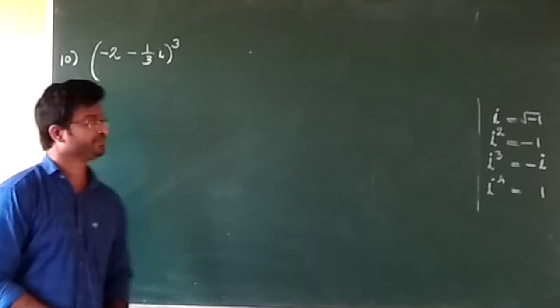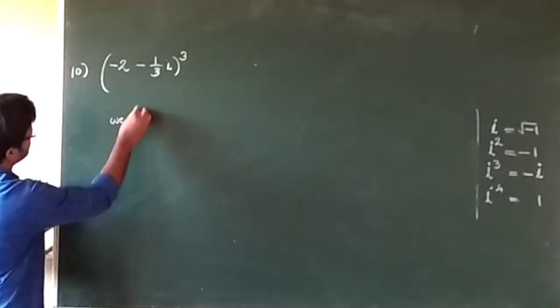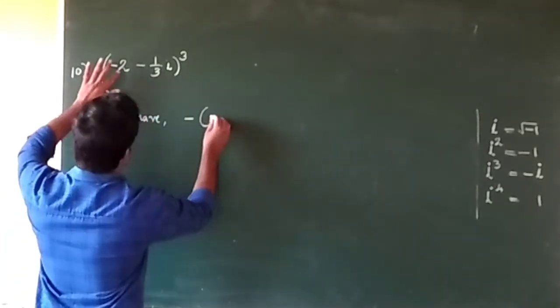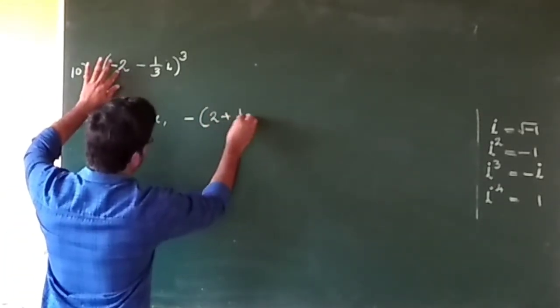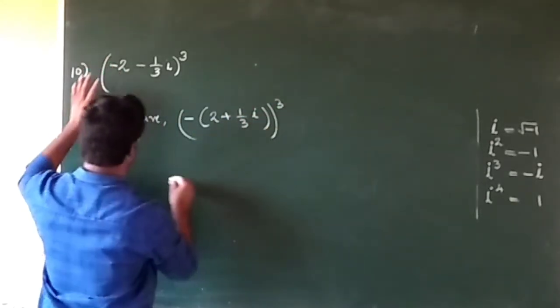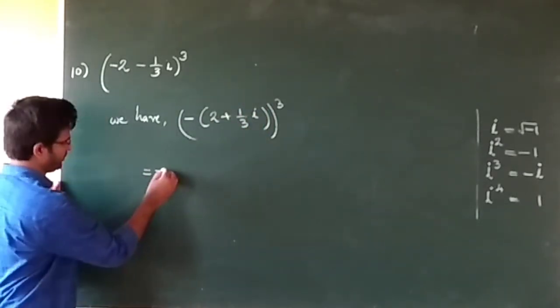Then question number 10: minus 2 minus 1 by 3i, whole cube. Take the minus outside. Then you will get 2 plus 1 by 3i whole cube. Then minus cube: minus into minus into minus, you will get minus.